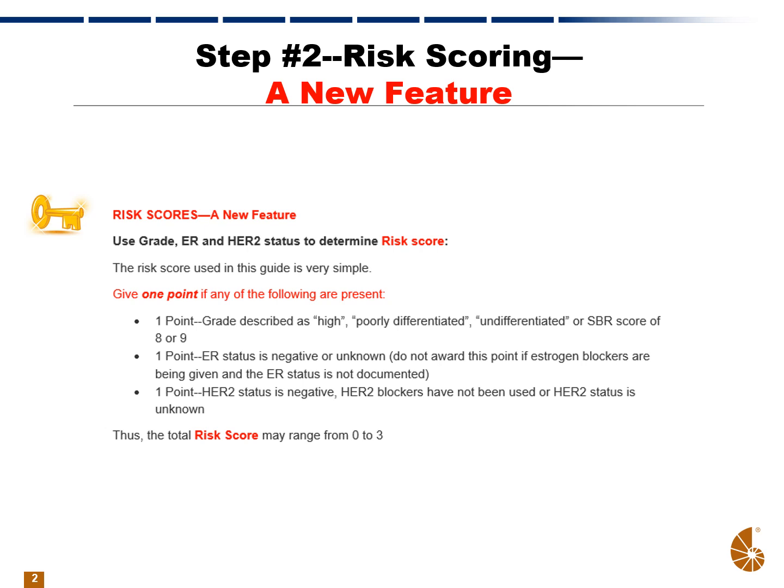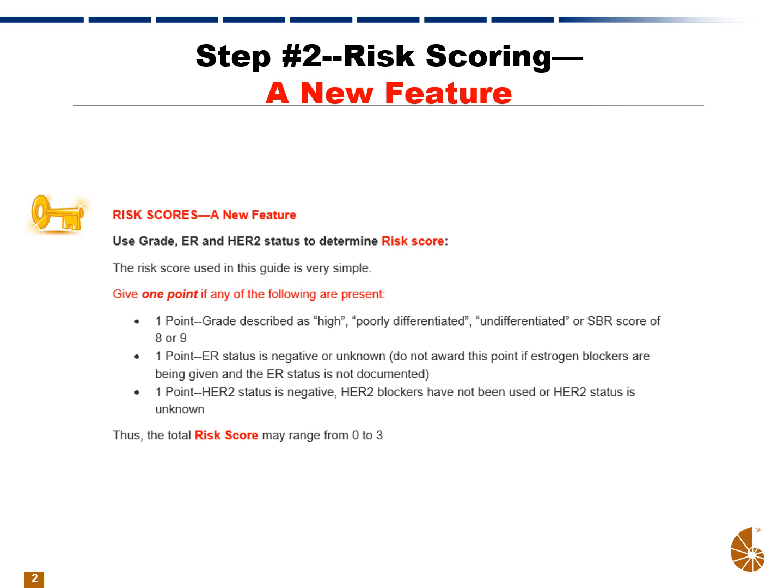The more points, the worse the score, the higher the risk. So you get 1 point if the grade of the cells is described as high grade or poorly differentiated or undifferentiated, or the SBR score is 8 or 9. And we'll talk about that in a minute.